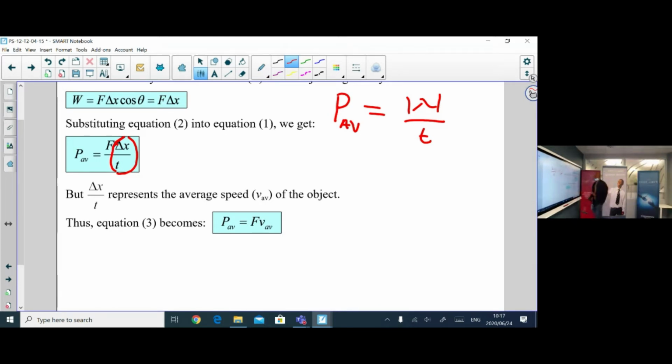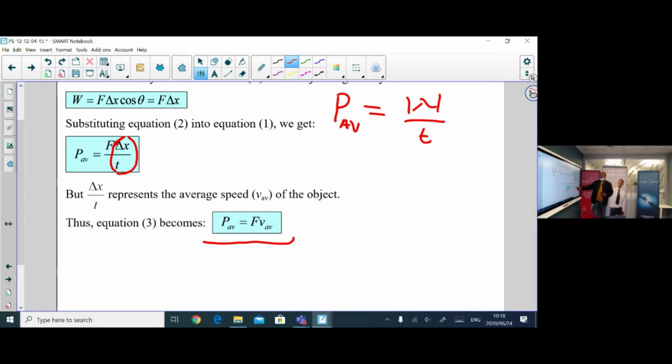If we look at this, we are going to replace our change in X over time with the average velocity. It's what we have done here. We take the average and plug in here. At the end, we're just going to have P average is equal to F times V average.